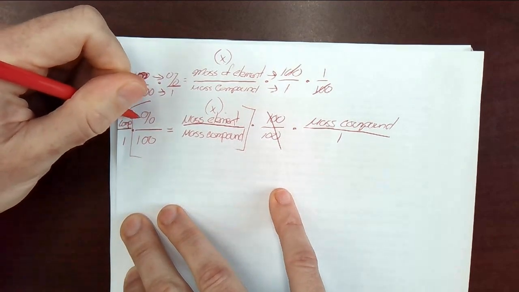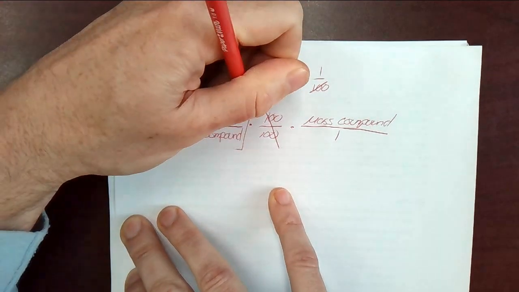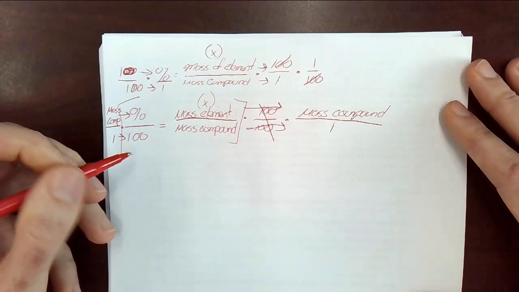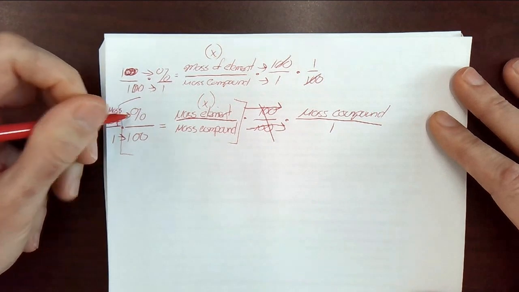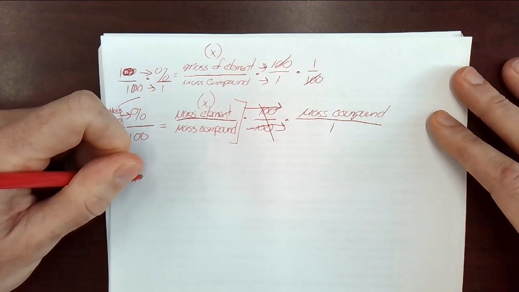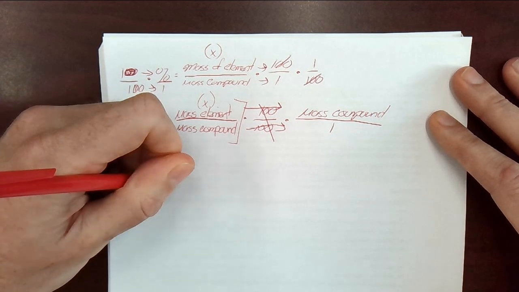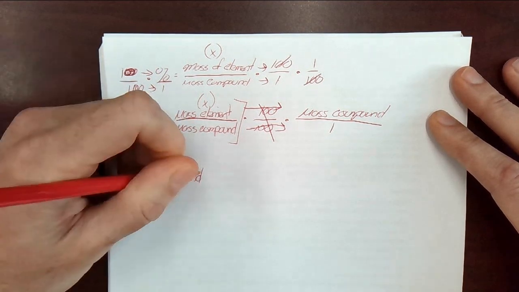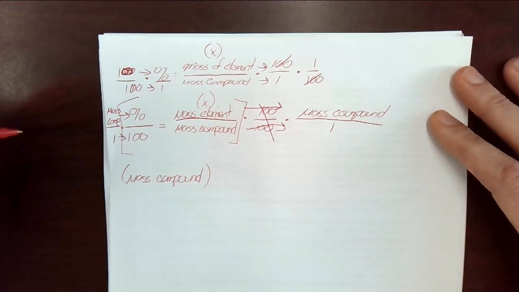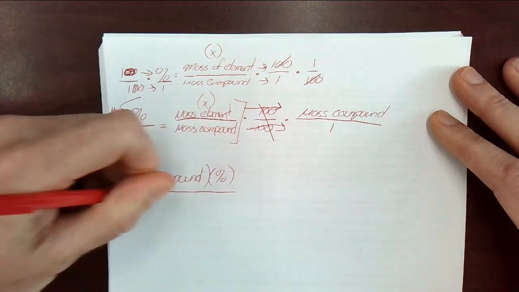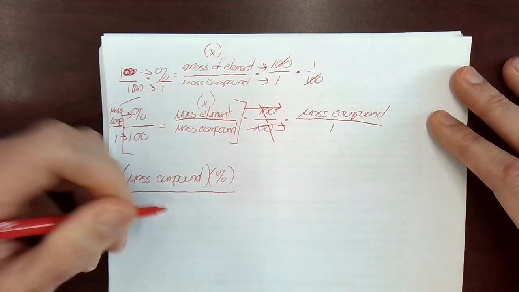So now I just multiply across, and over here now we have mass of the compound times percentage. We can't multiply letters together, so I'm just going to put it in parentheses. So that's going to be times the percentage. And on the bottom I have 1 times 100 is 100.